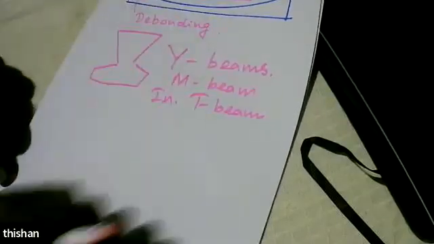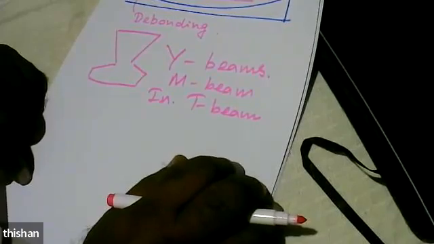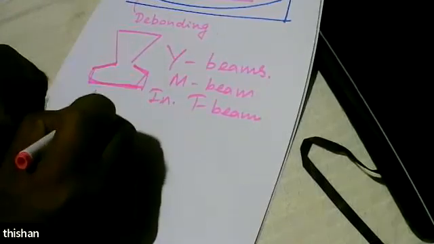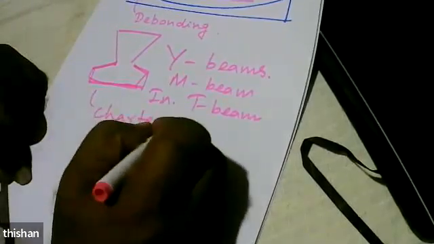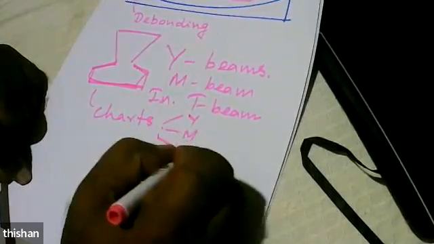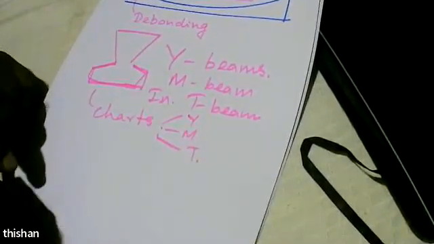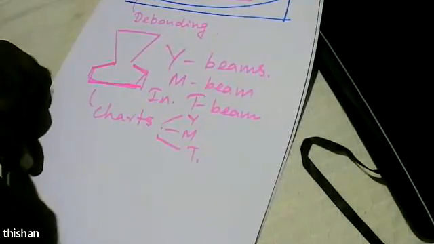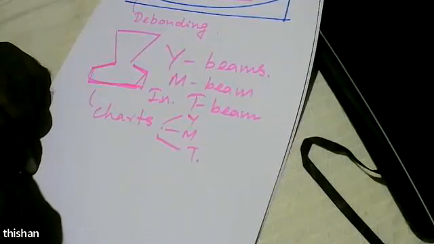So pre-stressed concrete, if you use this way, is not a very difficult subject. The only thing is you have a lot of calculations to be performed, but they are standard calculations. And if you get some guideline like charts for Y-beams, charts for M-beams, charts for T-beams, then even a person who is not a bridge engineer, but who is familiar with pre-stressed concrete design, can very easily complete a bridge design.